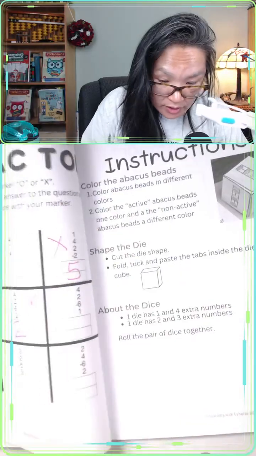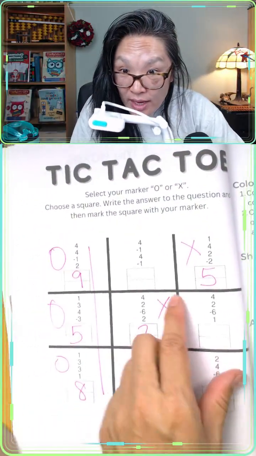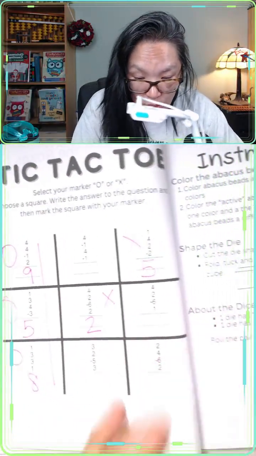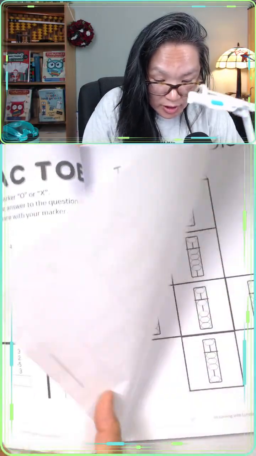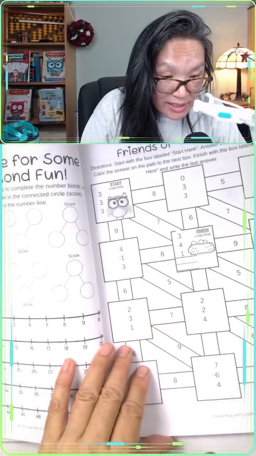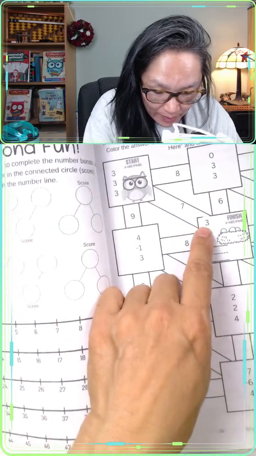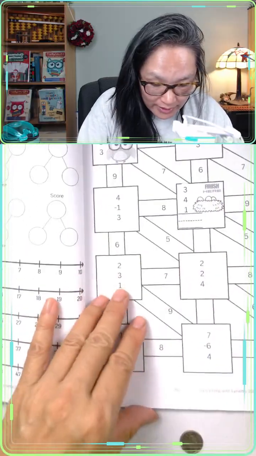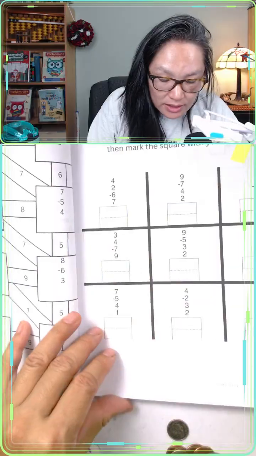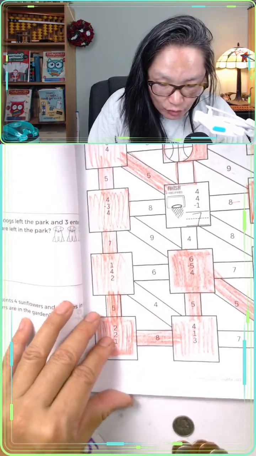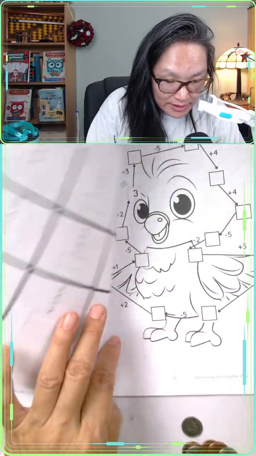And then there's a tic-tac-toe, where I give you a little bit more numbers. So try not to do it in your head. Try to do it on the abacus so you can see how the numbers work. Does that make sense? Okay, good.